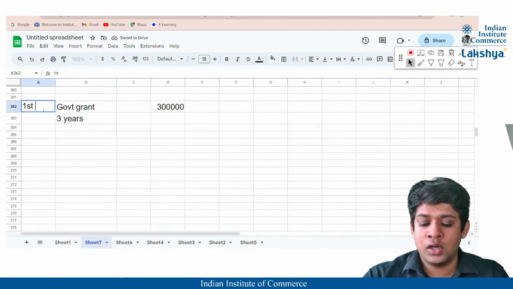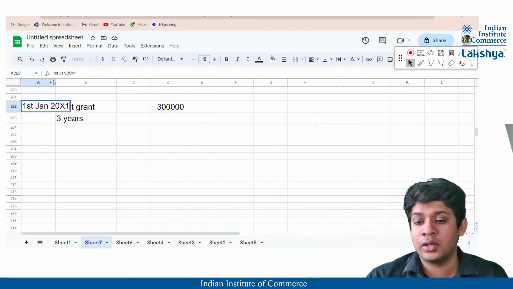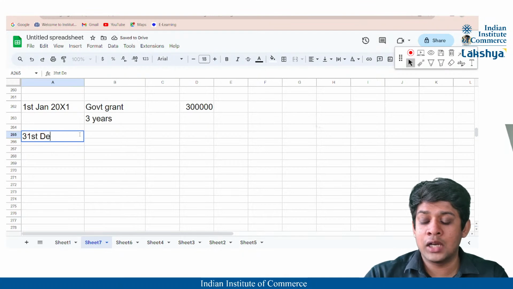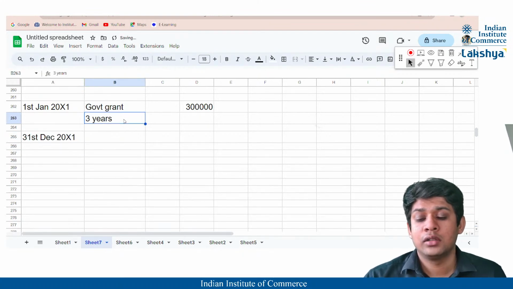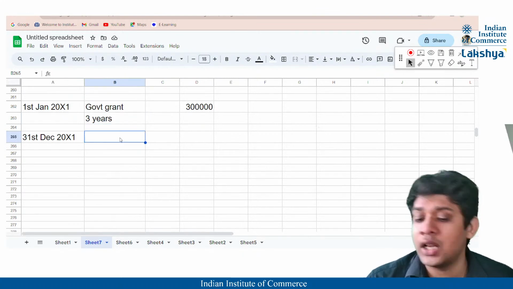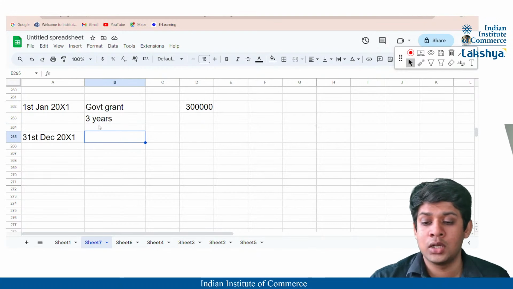This I received on 1st Jan 2011. 1 year has passed. By 31st December, I have complied with the conditions of the government and none of the grant is going to be repaid because obviously I am complying with the conditions of the government and none of the employees left the company.